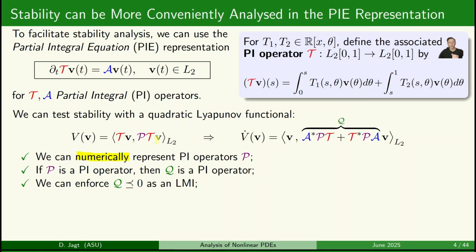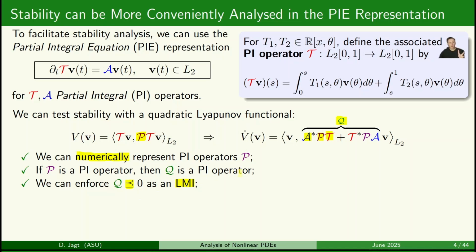Moreover, if we now parameterize a quadratic Lyapunov function by a PI operator P, then the derivative of this Lyapunov function along the vector field will also be quadratic, and we can actually show that this operator Q here is also a partial integral operator, which we can compute explicitly given the operators A, E, and T. So this means that we can also numerically represent this operator Q. And moreover, we can actually enforce negativity of this operator as a linear matrix inequality.